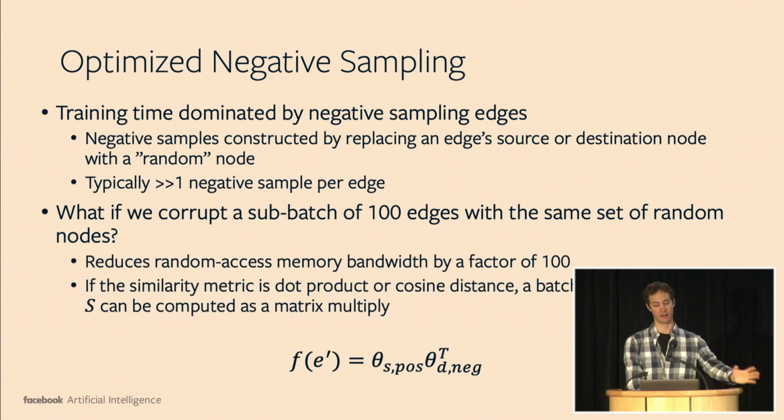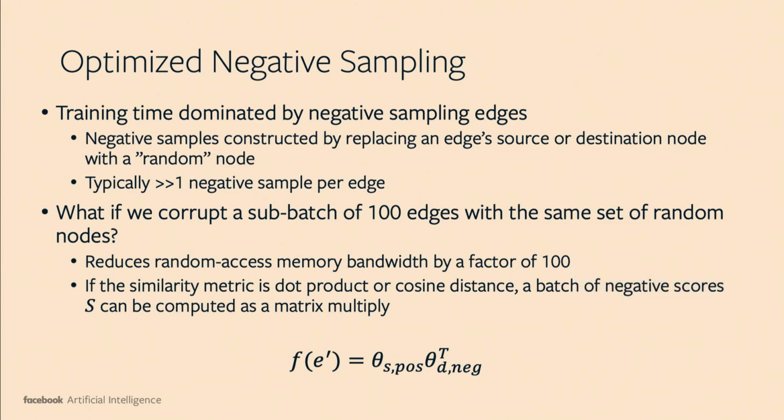What this does is, first of all, it reduces the random access memory bandwidth by a factor of 100 for negative sampling. And also, you can notice that if the similarity metric is based on a dot product or a cosine similarity, then the batch of negative scores can just be computed as a matrix multiply between the positive source node embeddings and the negative destination embeddings, which ends up being a lot more efficient.